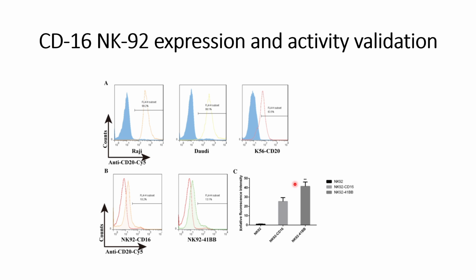This indicates that CD16 is expressed on the NK-92 cells, as the CD16 expressing NK-92 cells will bind to the Fc region of the Rituximab, and the Rituximab is conjugated with sci-fi in this experiment. That is the reason they are able to see high signals compared to the wild type.